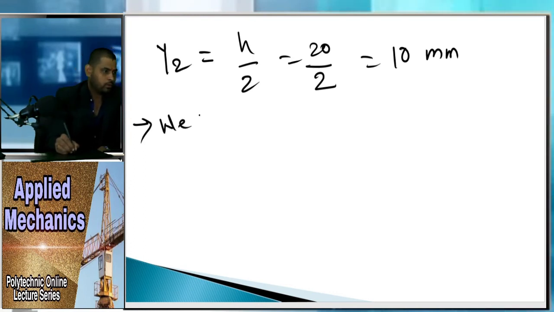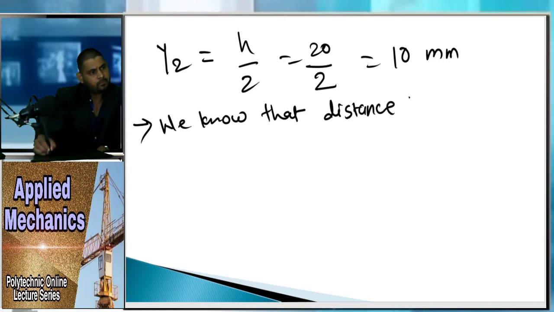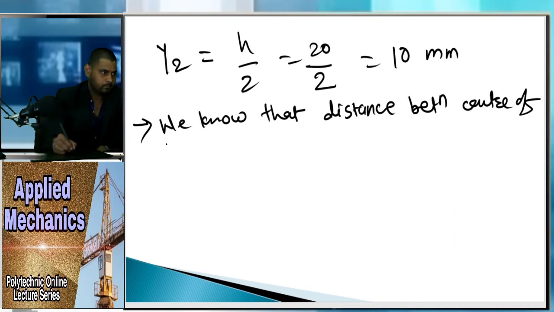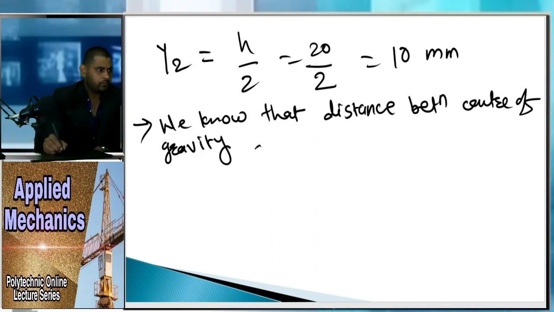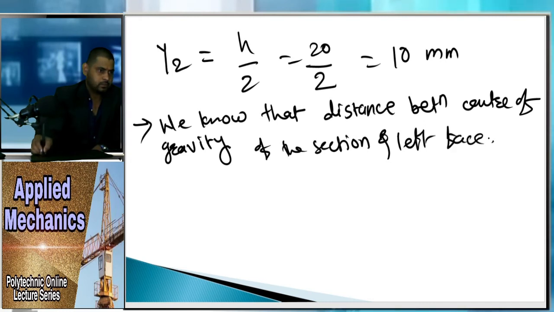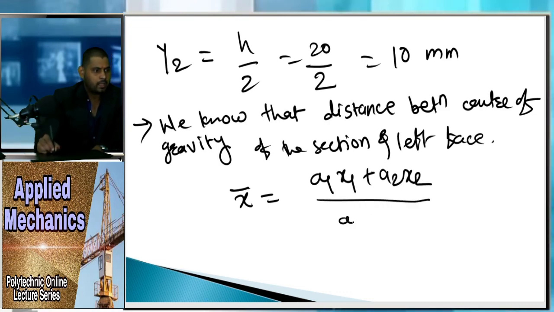So now you can write, we know that the distance between the center of gravity of the section and the left face, x bar, is equal to a1 x1 plus a2 x2 divided by a1 plus a2.